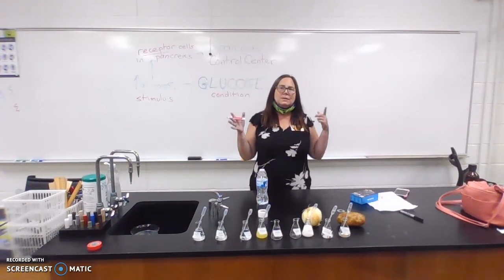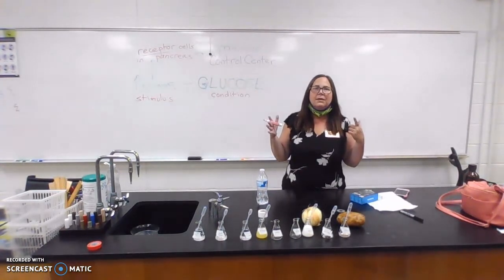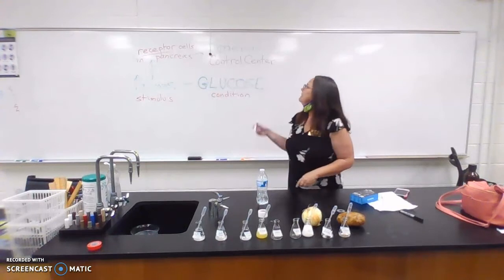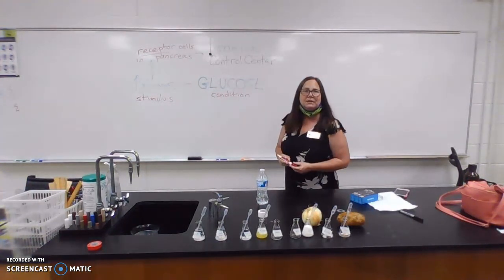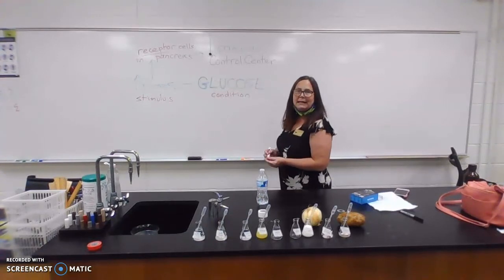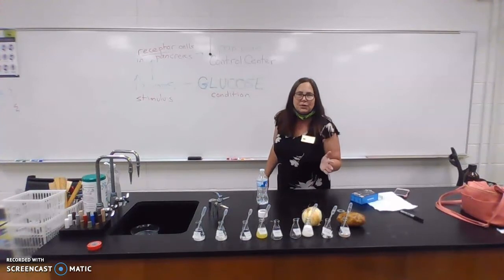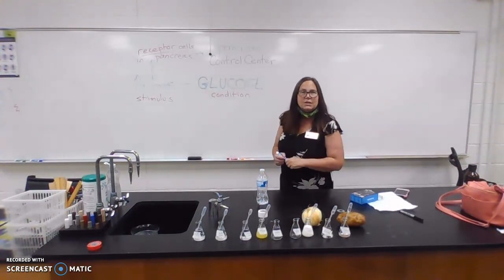Your 2 control center body systems are the endocrine system and the nervous system. Well, in this case, the pancreas is an endocrine gland, and it's going to release insulin as a chemical messenger to tell the effector, which is your liver, what to do.